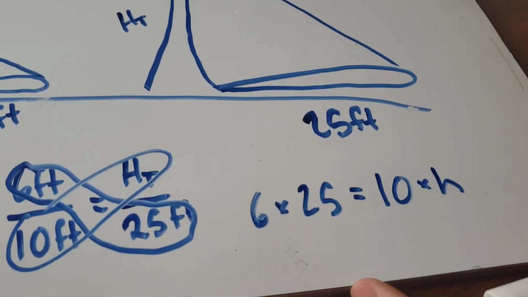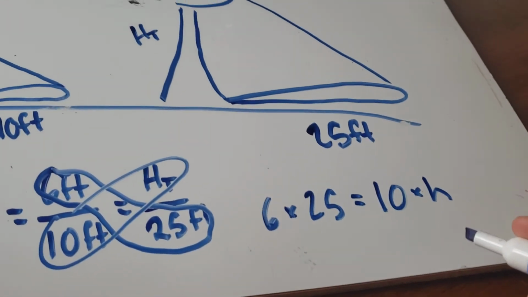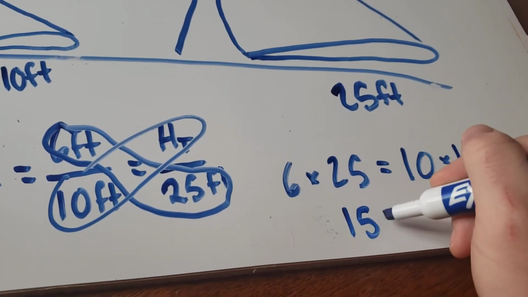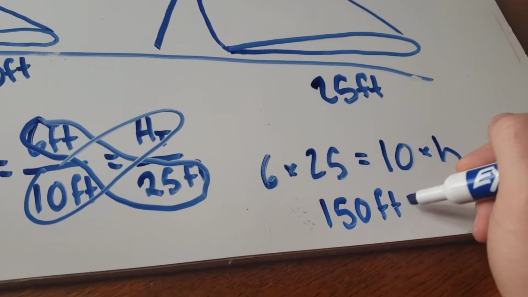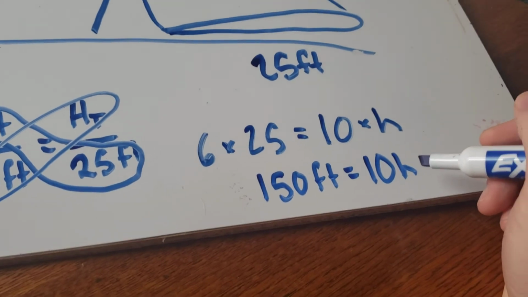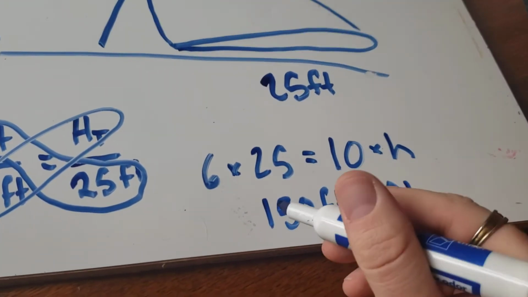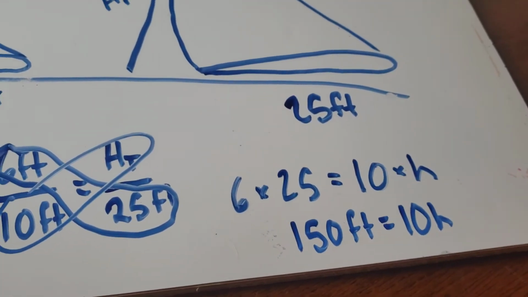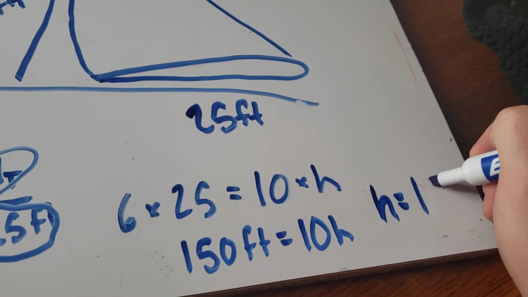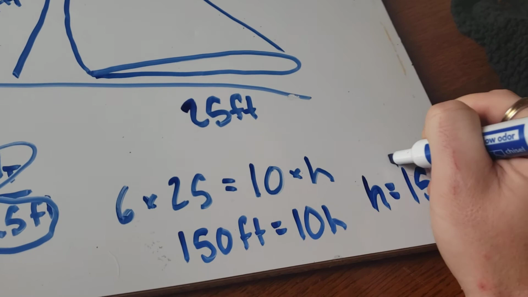So if we take 6 times 25, we would get 150 feet equals 10 times our mystery number. Now to solve for our mystery number, we'd take 150 divided by 10, and we'd figure out that the height of the tree is 15 feet.